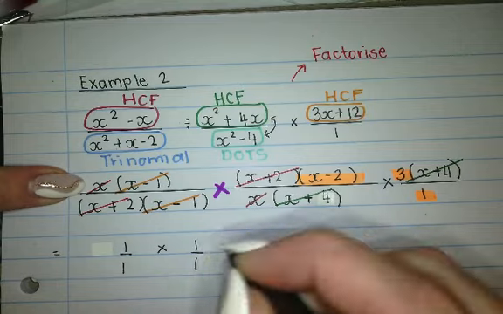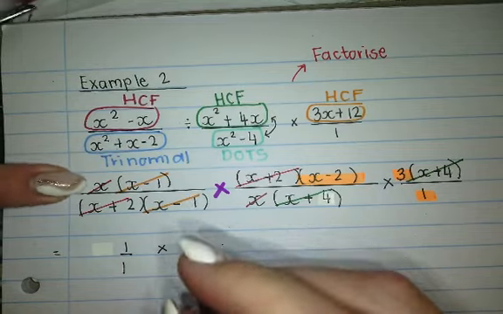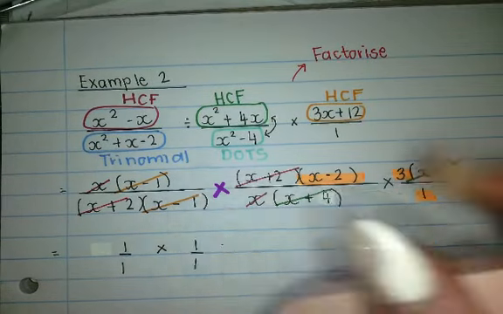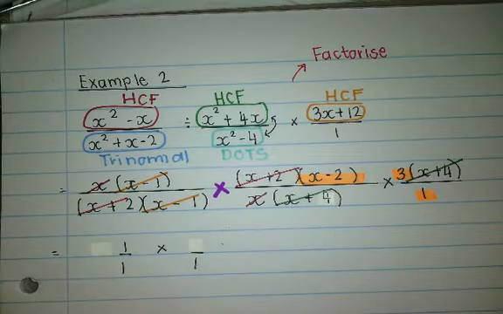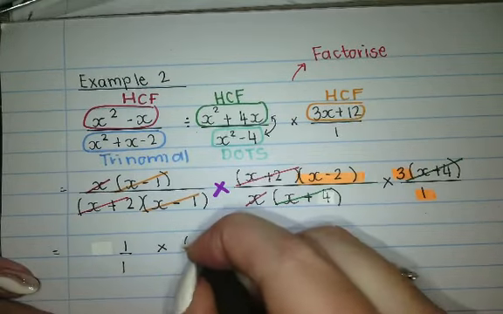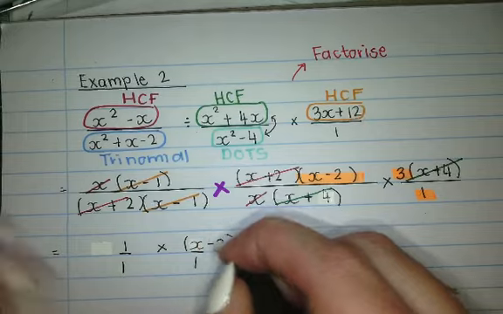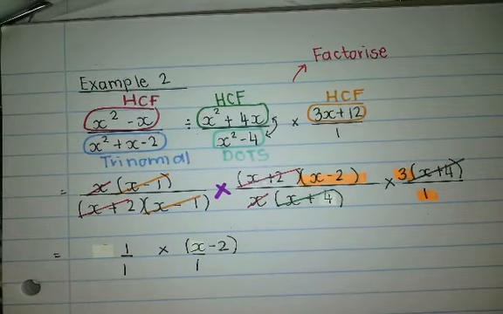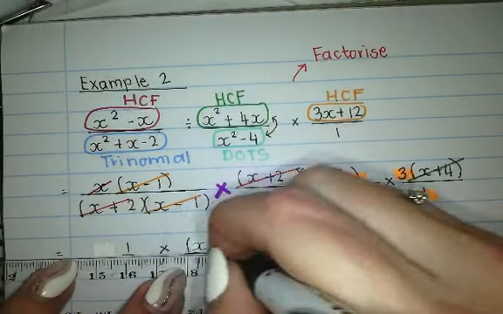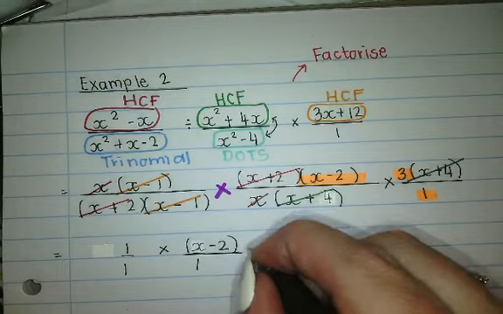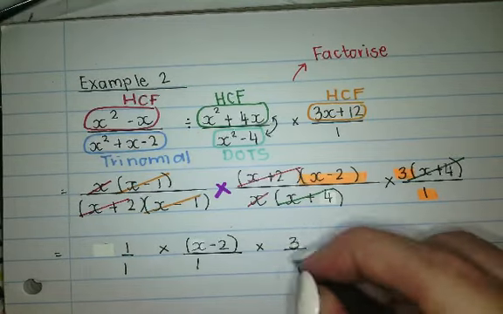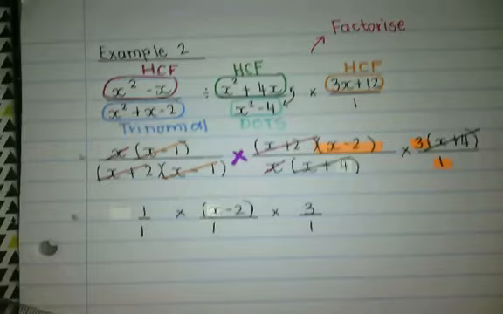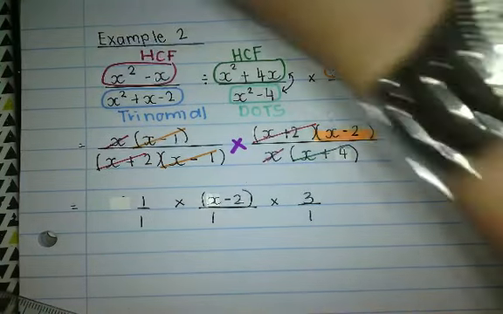Times 1 over 1 times. Here we've got x minus 2 over 1. And 3 over 1. Okay, are you guys with me?